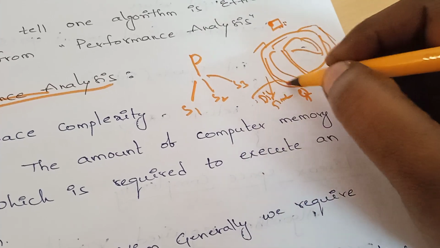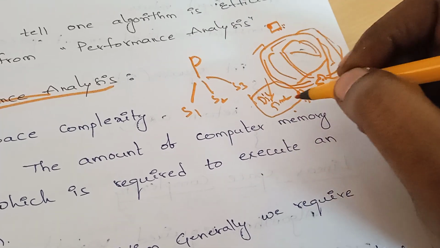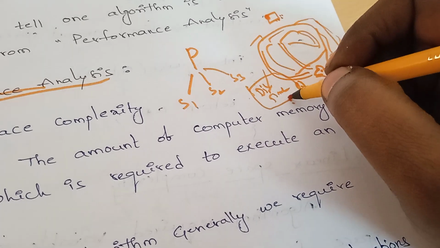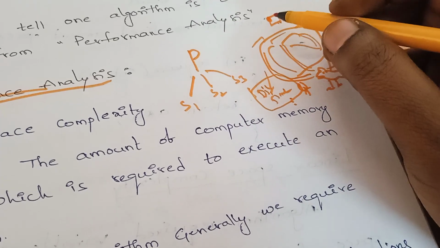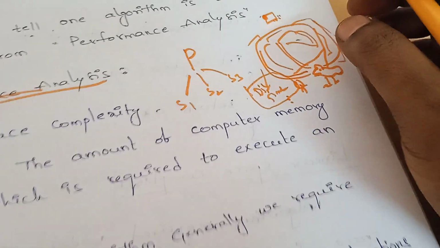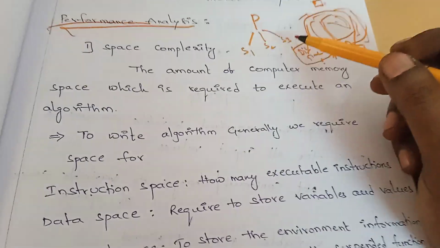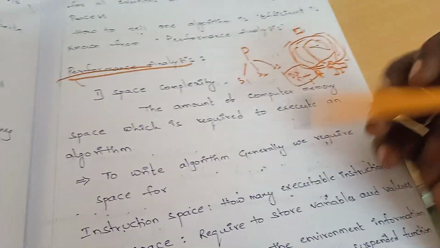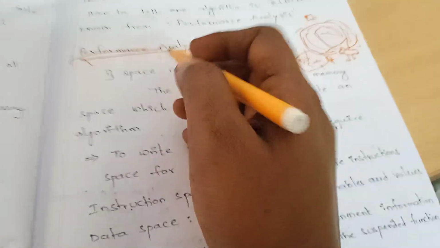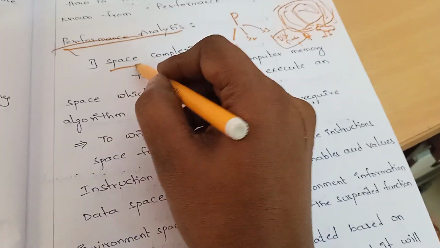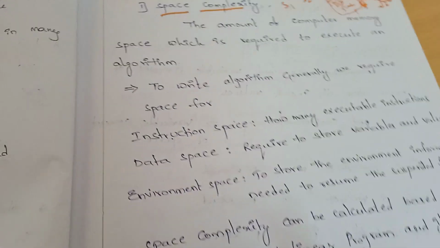So these are the two major things which we will choose in order to reach our destinations. In the same manner, when you have three solutions, you will also be thinking about two major things. The two major things are space complexity and time complexity.